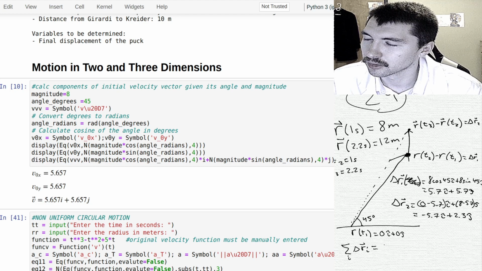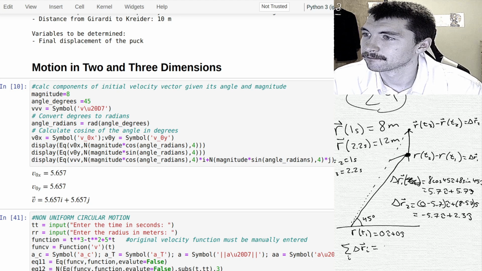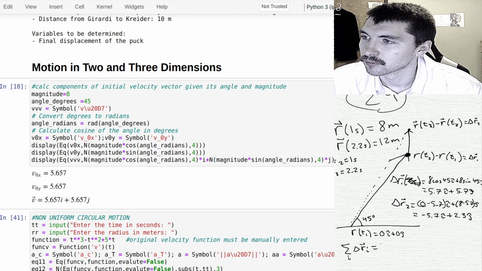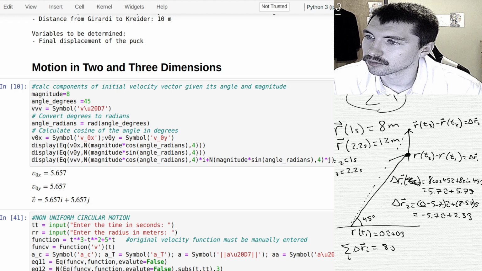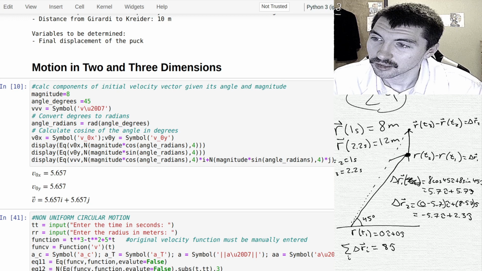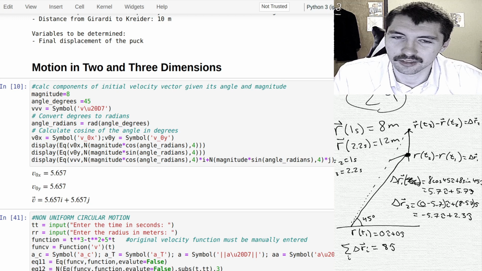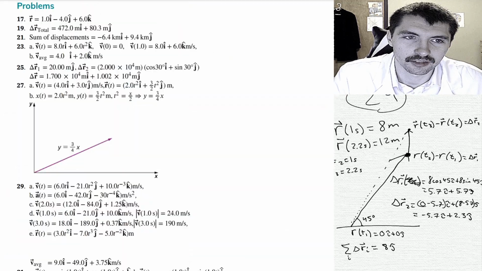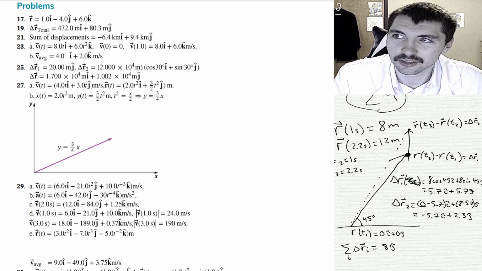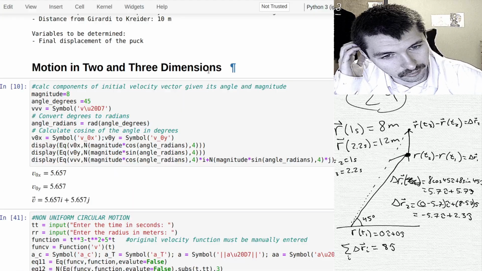So we will get 8j. Doesn't seem right. 23, 8j. 24. Don't even have this one.